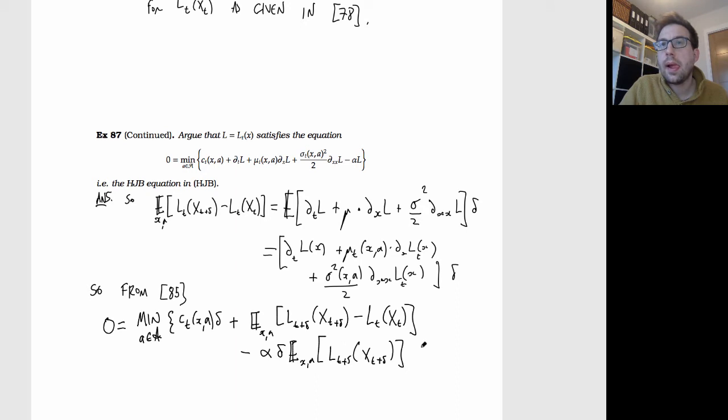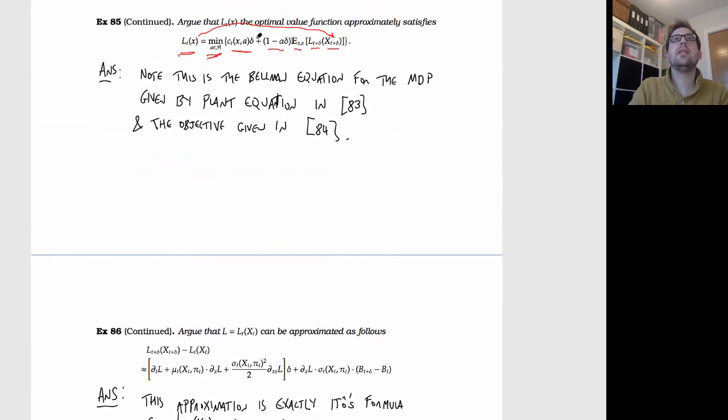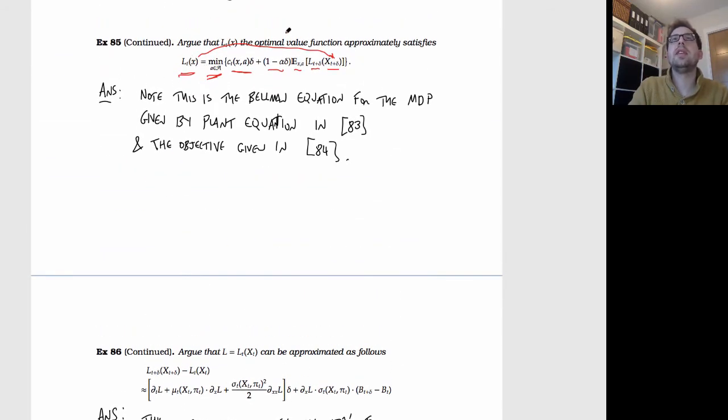So why is that? Notice I have taken the expression from 85, I've moved the L of t over to this side, and I've grabbed the alpha delta term out.